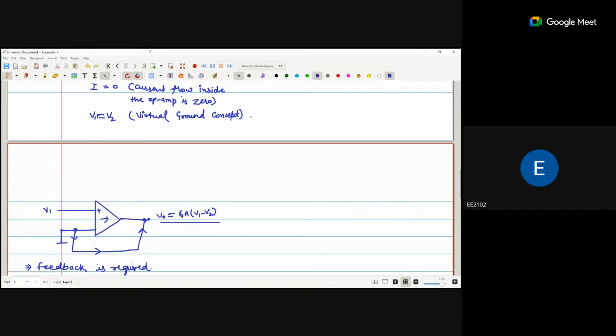This V1 will be coming from here, but in this particular block, I am not using the op amp, I am using one block here in place of the op amp.